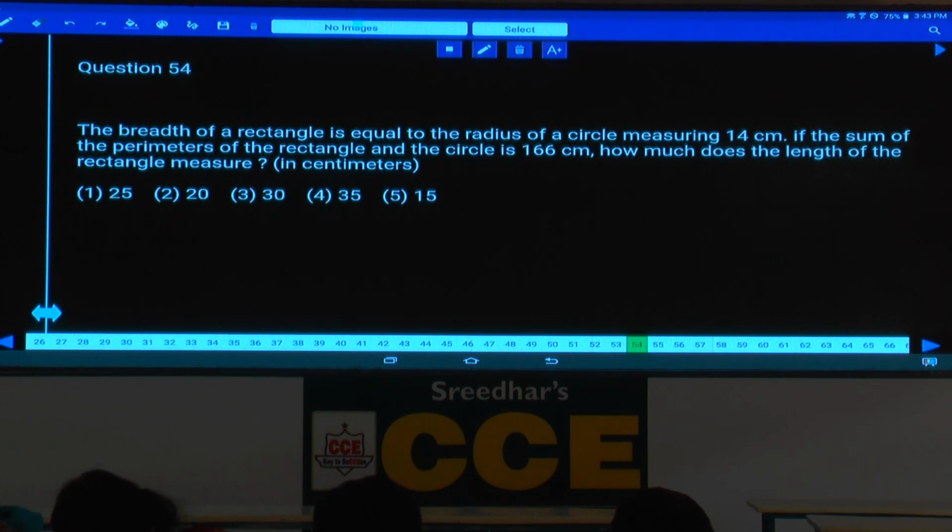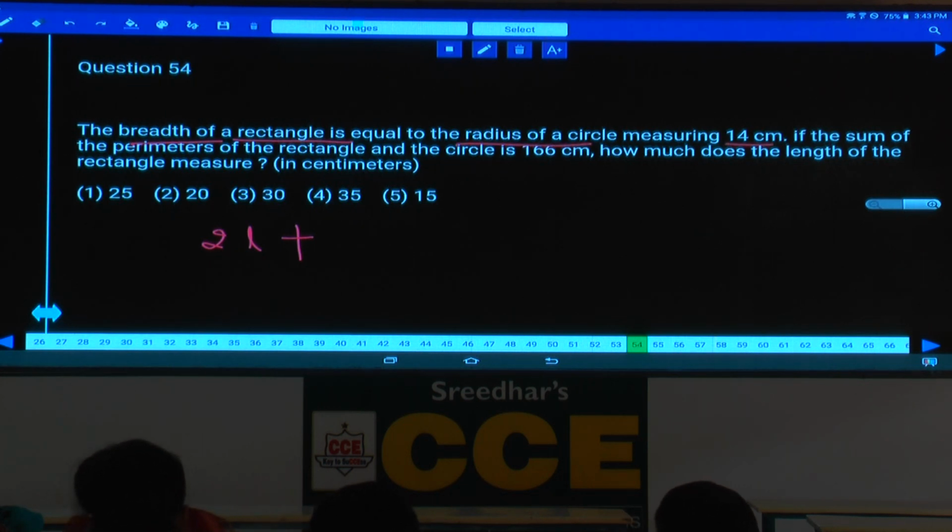The breadth of a rectangle is equal to the radius of the circle, measuring 14. The sum of the perimeter of the rectangle and the circle is 166. How much does the length of the rectangle measure? Rectangle perimeter is 2L plus 2B, and the breadth is equal to the radius 14, so 2 into 14, 28.